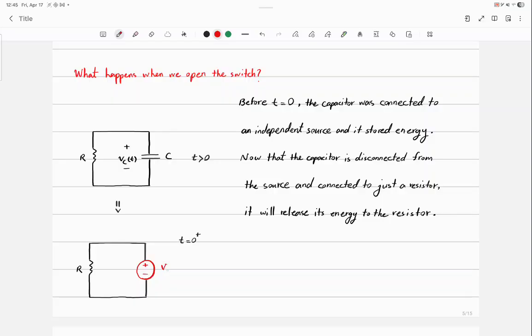It stores charge just like the inductor. But why is the value Vs? Because it's been connected to Vs, but that was for the negative part. Voltage across a capacitor cannot change abruptly, right? So VC 0 positive should be VC 0 negative, which is Vs.